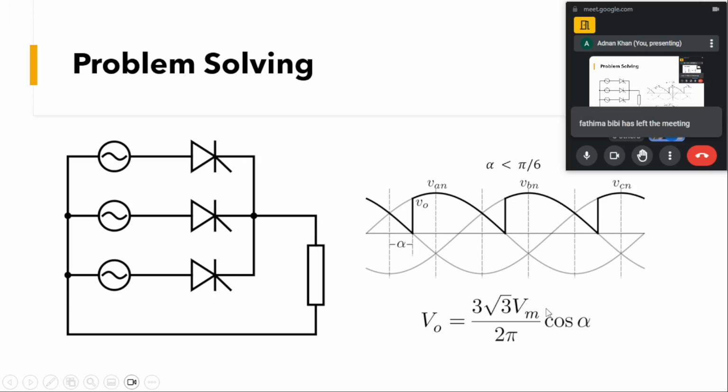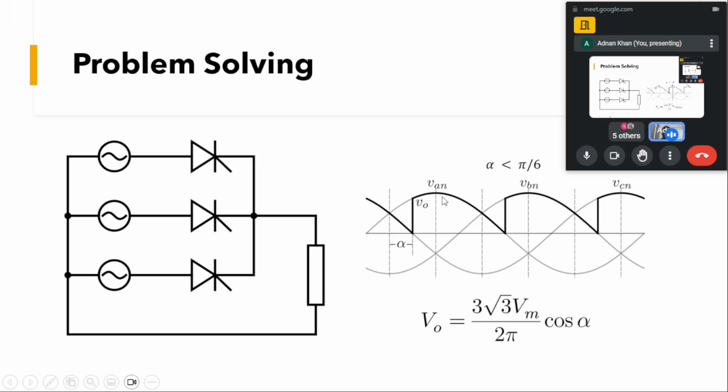So for alpha less than pi by 6, the output is given by this equation, 3 root 3 Vm by 2 pi into cos alpha.